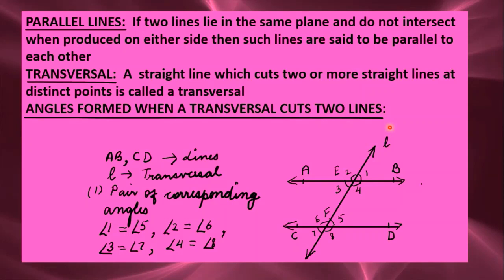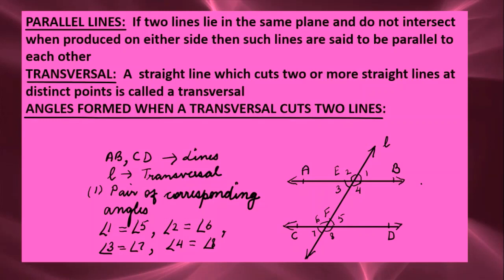Then angles formed when a transversal cuts two lines. Now, which sort of angles are formed? Here AB and CD are lines, and L is a transversal. First of all, we have pairs of corresponding angles.